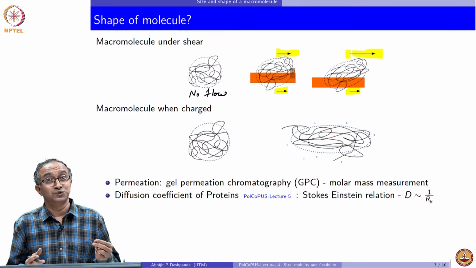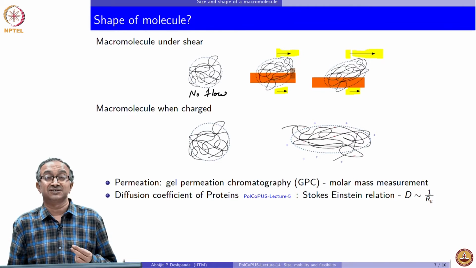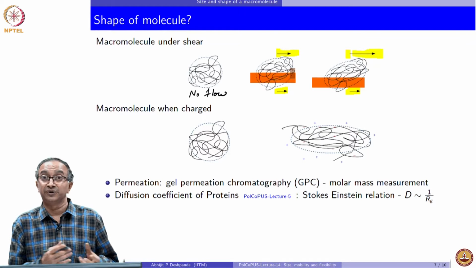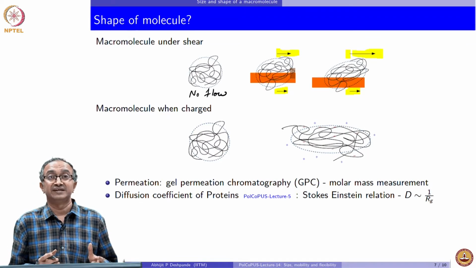I said there are two very important concepts in this related to rheology and polymer viscoelasticity. The first one is that macromolecule is getting stretched, and therefore it's also going to get oriented. So stretching and orientation is one set of idea.